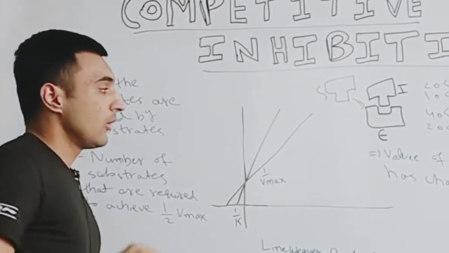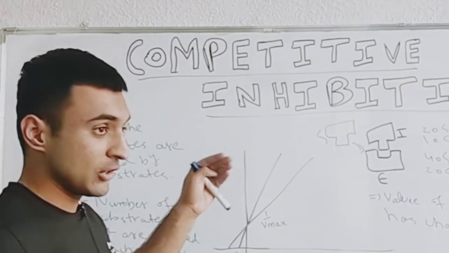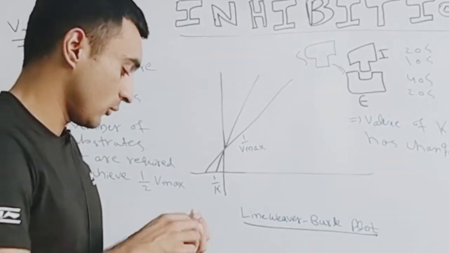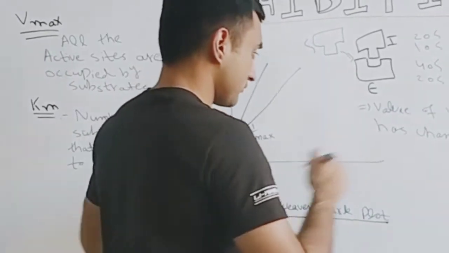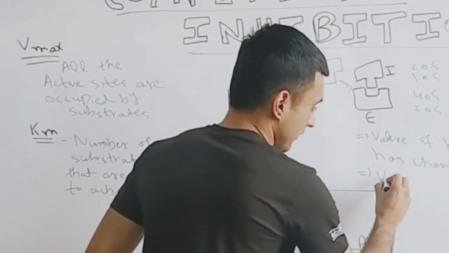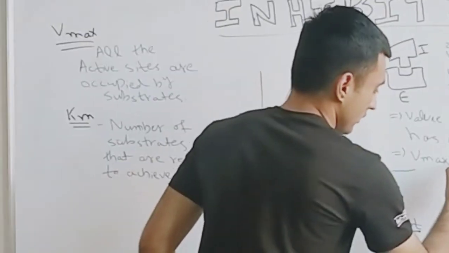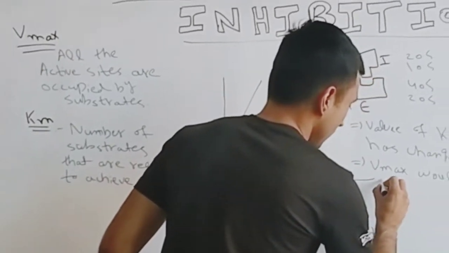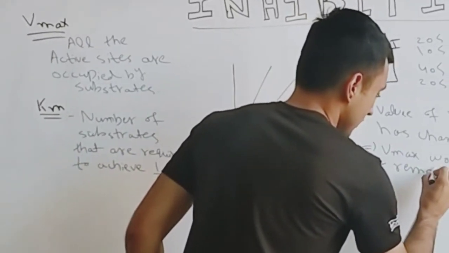Now talking about what influence this process has on the Vmax, or maximum velocity: I tell you that the Vmax would remain unchanged in this process. Why?